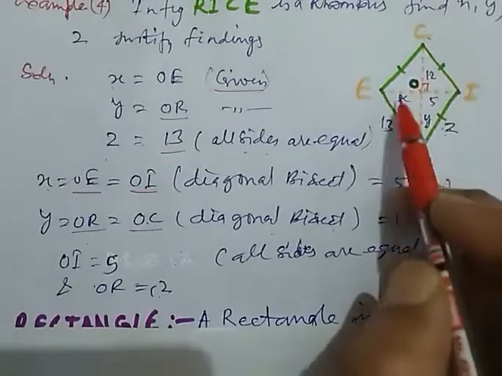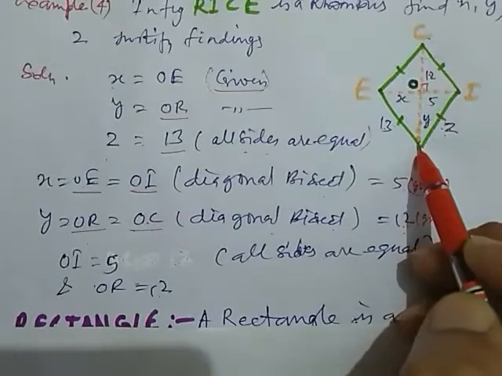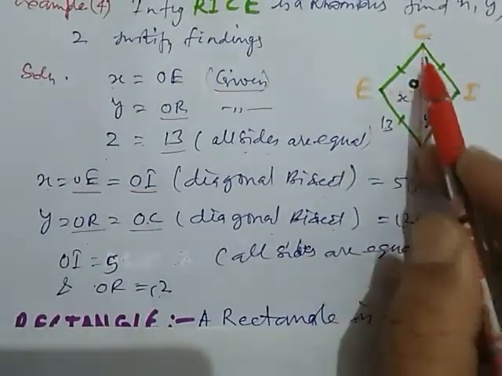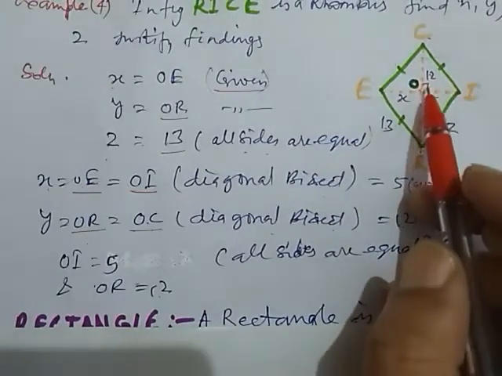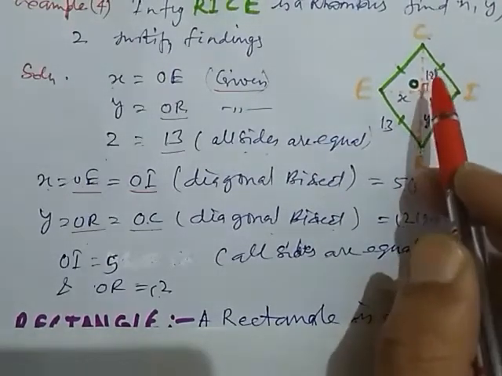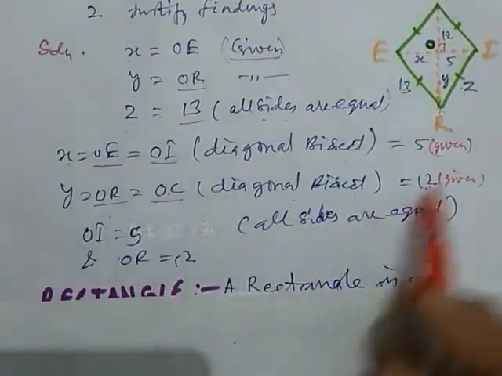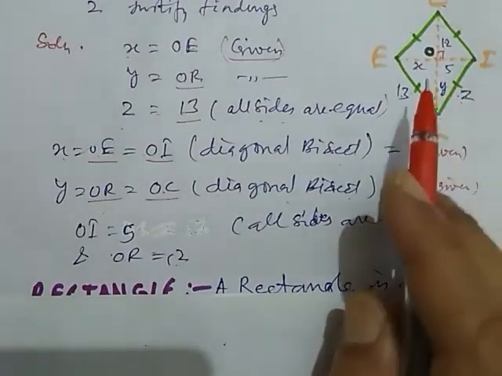That's why the diagonals are perpendicular bisectors. This is the special property of a rhombus. So with the help of this type of characteristic, we can solve problems.